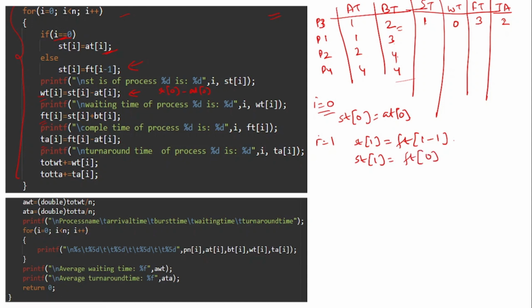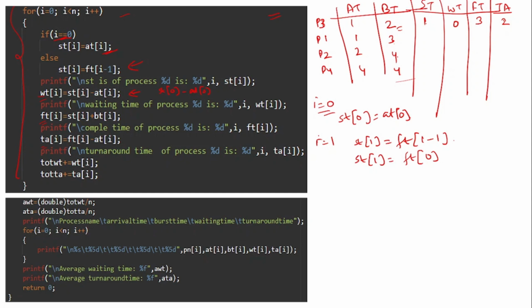So we know that in shortest job first, the time at which a next process starts executing will be equivalent to the finish time of the previous process, because we are dealing with the non-preemptive version.